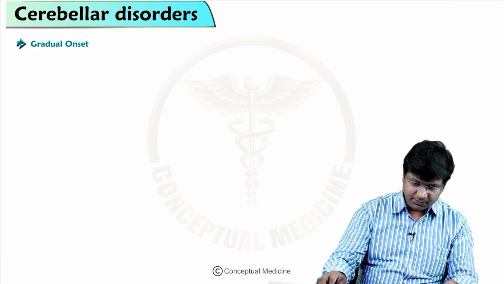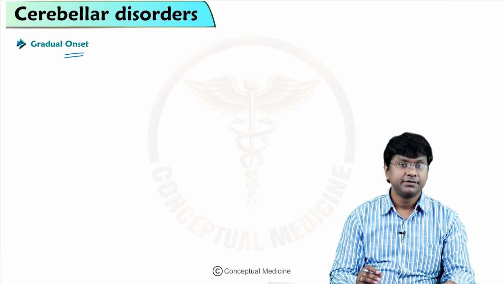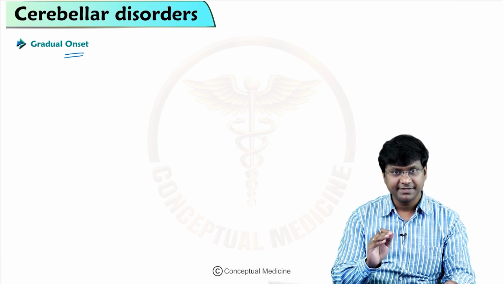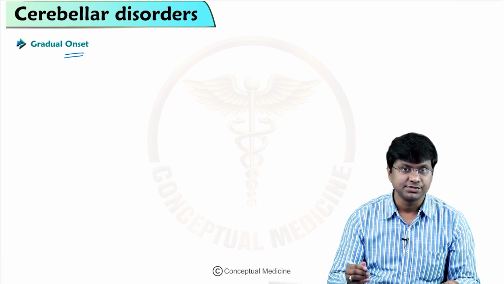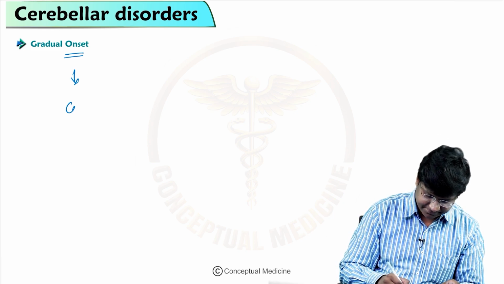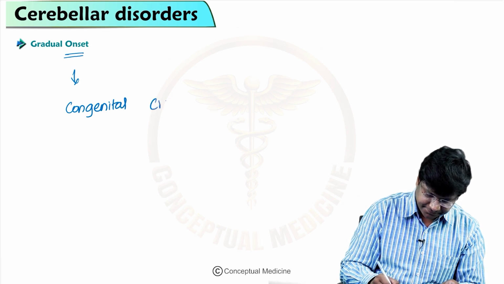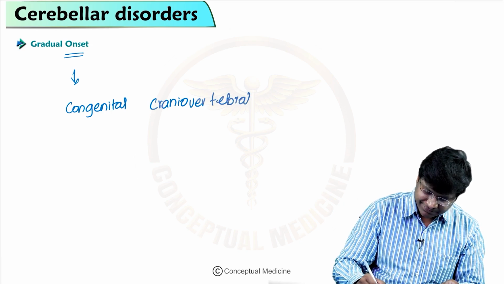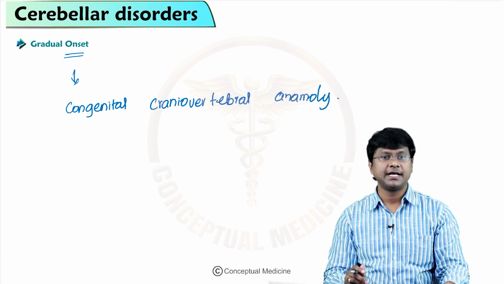Now, followed by that, you need to know the cerebellar disorders with gradual onset of cerebellar symptoms. That means, what are the etiologies which will cause gradual onset cerebellar manifestations? That includes congenital craniovertebral anomaly.